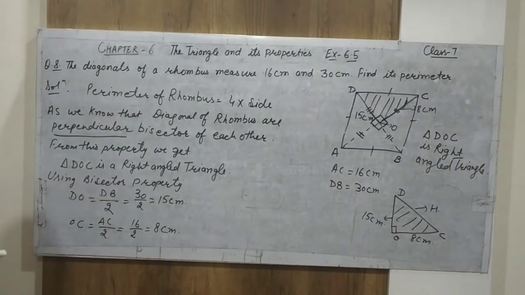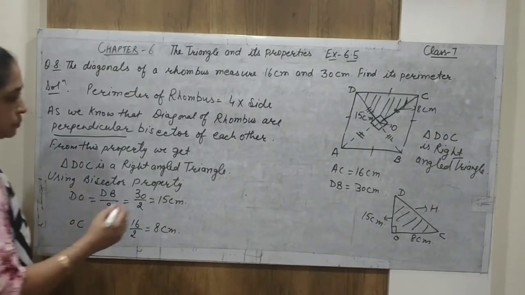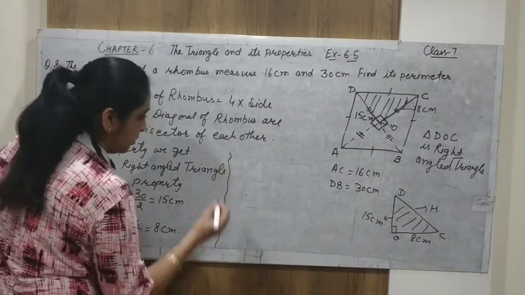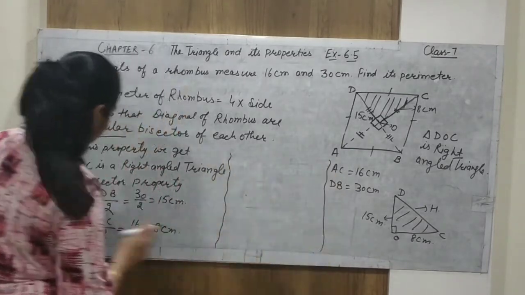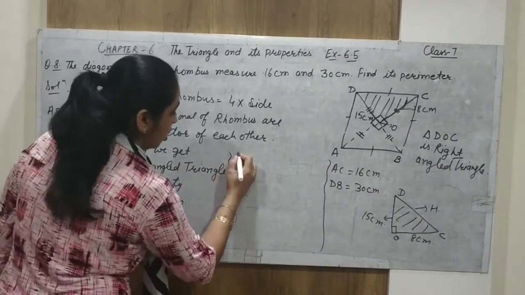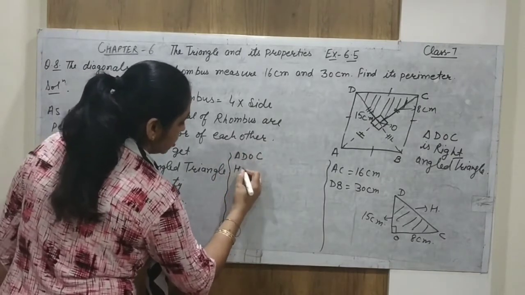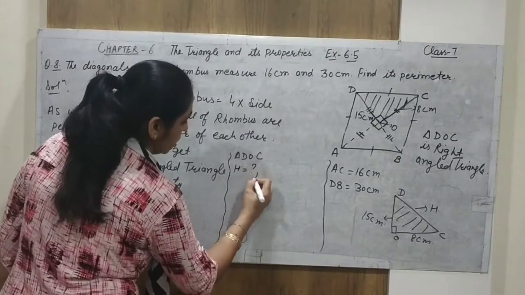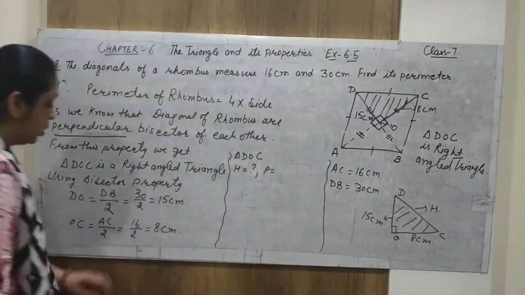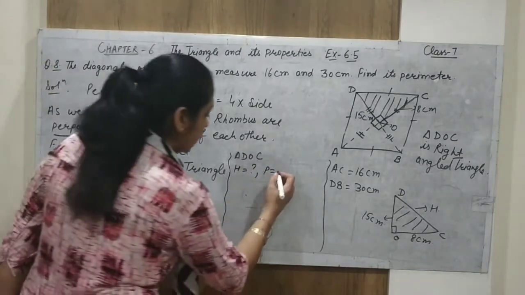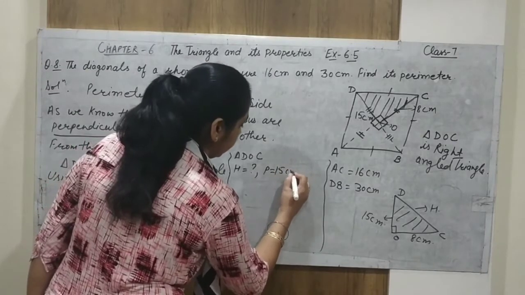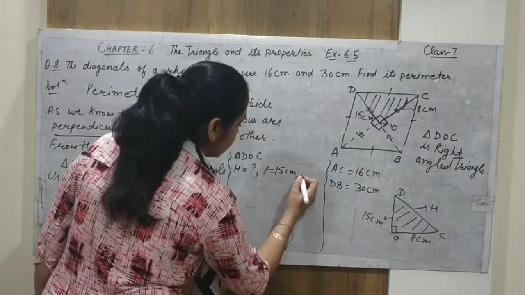Now, for triangle DOC, a right angle triangle, H we have to find out. Perpendicular is equal to what we get here? 15 centimeter. And what is the base?